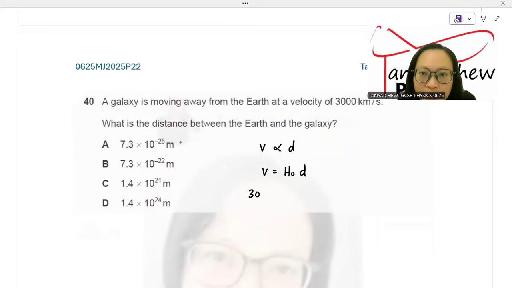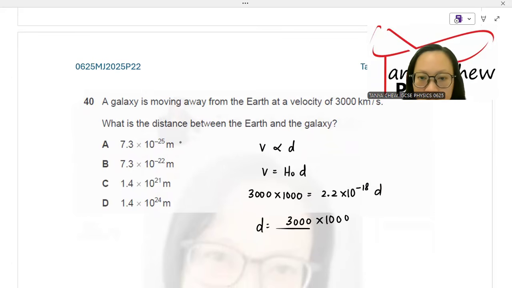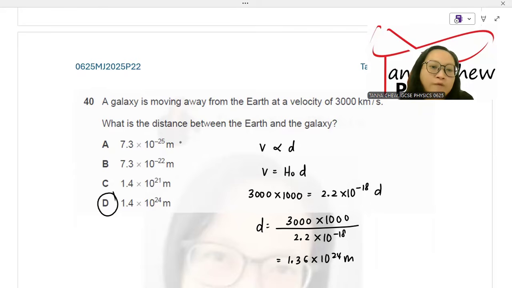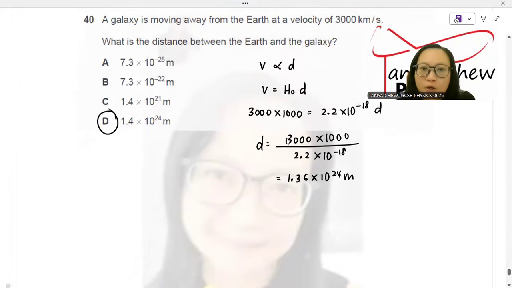The speed is 3,000 kilometers, and you have to convert to meters. This is equal to Hubble constant 2.2 times 10 to the power negative 18 per second, times d. So d is 3,000 times 1,000 divided by 2.2 times 10 to the power negative 18. You will end up getting 1.36 times 10 to the power of 24 meters, and you can round it off to 1.4 times 10 to the power of 24.